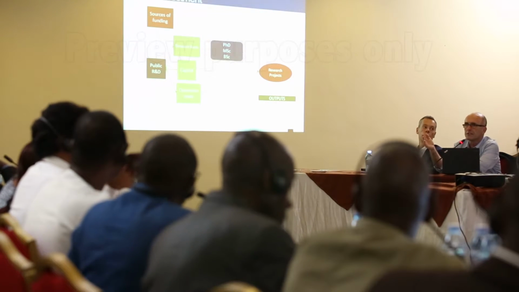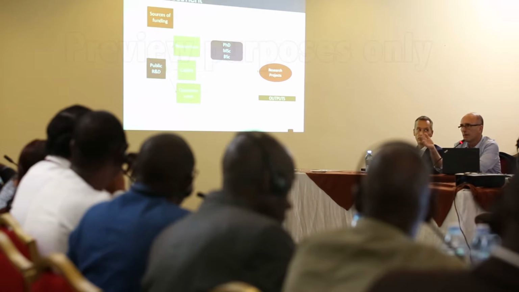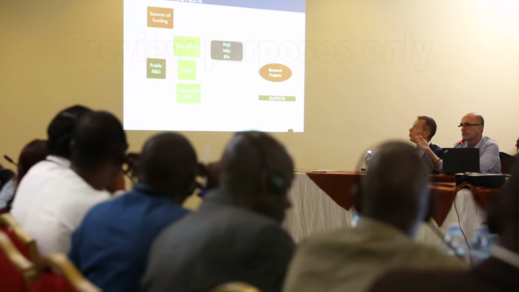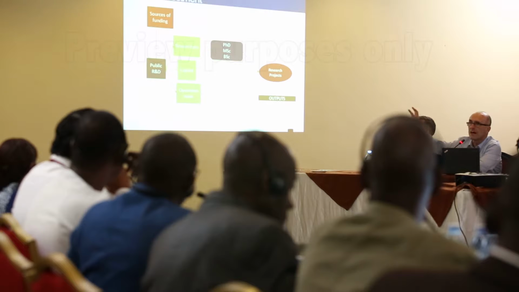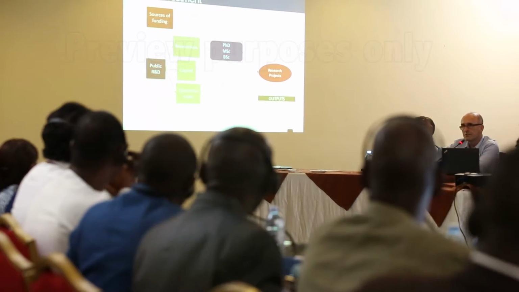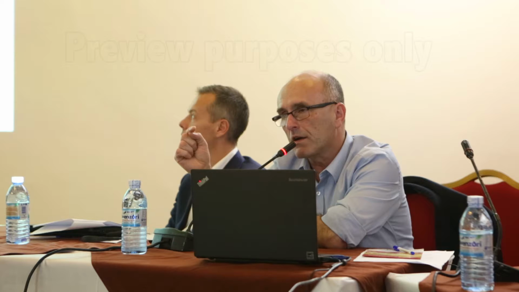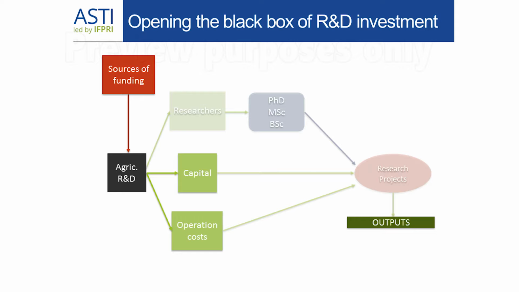We should think of research as a production process of new knowledge, of new technologies, a production process that will produce an output or several outputs, which are your final technologies, your new varieties, etc. And to produce those outputs, you are going to use inputs that go into the process, just as in any production process.